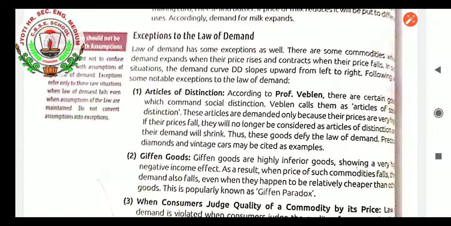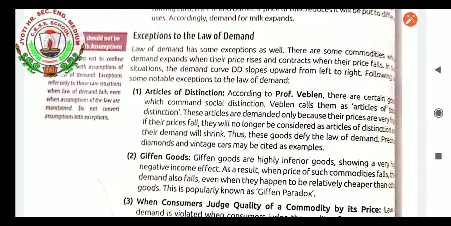There are some goods, articles of distinction. Veblen says there are certain goods which command social distinction. Veblen calls them articles of social distinction. If their price falls, they will no longer be considered articles of distinction, and their demand will shrink. Thus, these goods defy the law of demand.